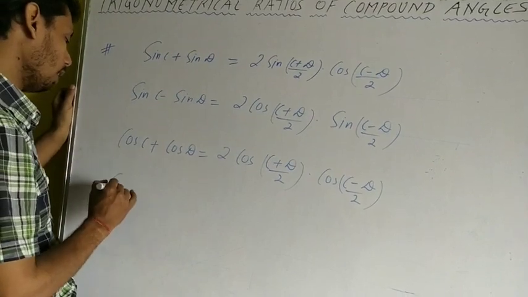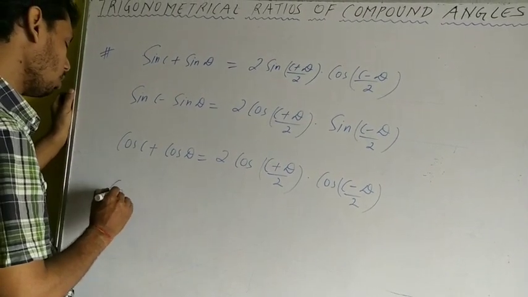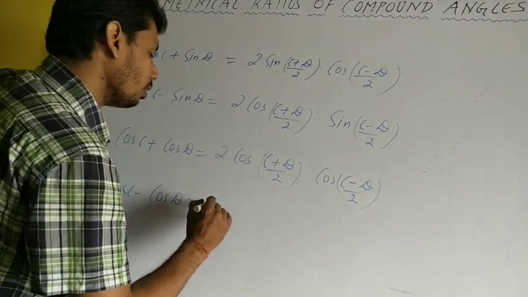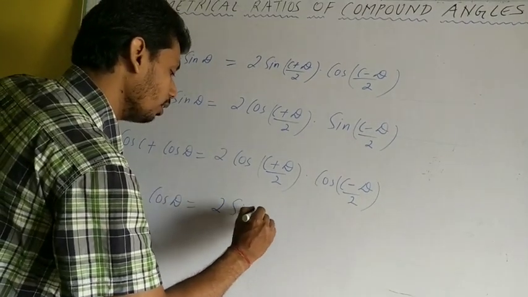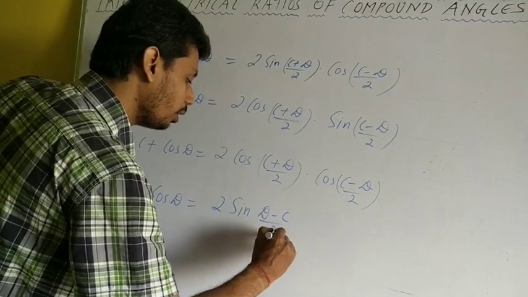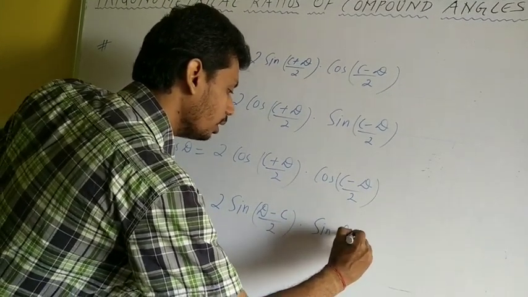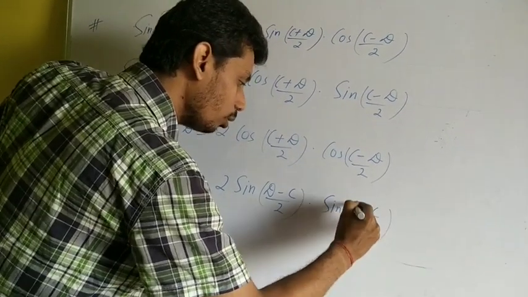Cos C minus cos D is twice sin (D minus C) by 2 into sin (D plus C) by 2.